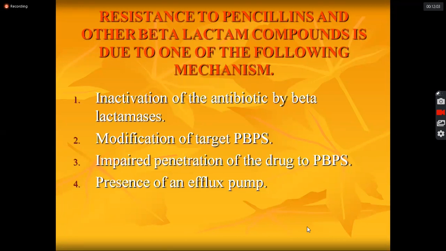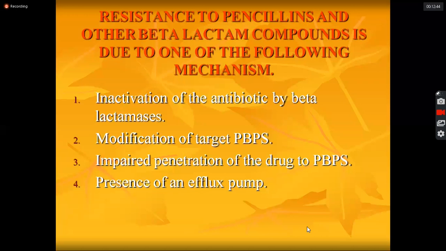Or if the door is okay and they can enter through the porin channel, there may be some problem inside the cell, like the receptor or the target binding site. There is some change or mutation, and the drug cannot recognize the binding site. So it would cause resistance, and the concentration of the drug would not be the same as required to kill the bacteria. Third, it could be a pump present inside the cell. The porin channels are fine, the entrance is fine, there is no problem in the target binding site, but there is a pump inside the cell which effectively extrudes the drug outside the cell.